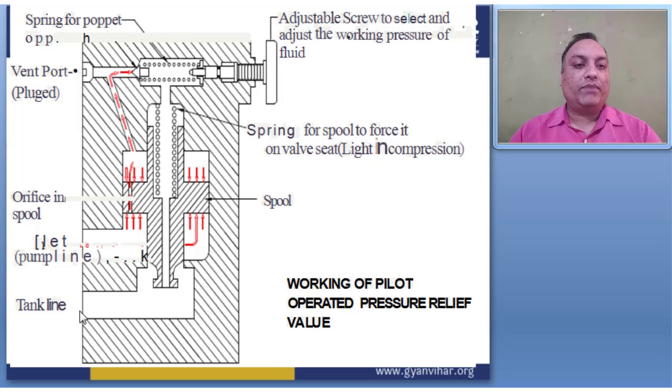And if I am talking about the components, the different components are present here. This is the spring of the poppet, or this is the opposite spring, and here this is the adjustable screw to adjust the working pressure of the fluid, to select the working pressure of the fluid.